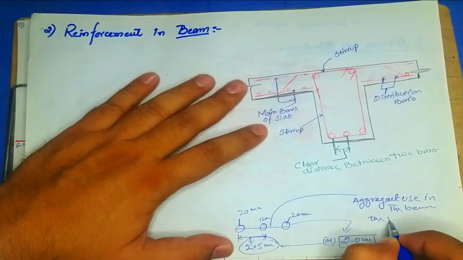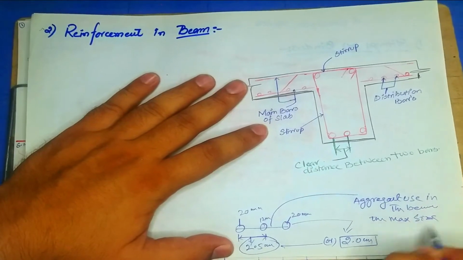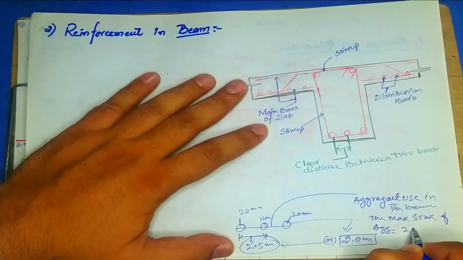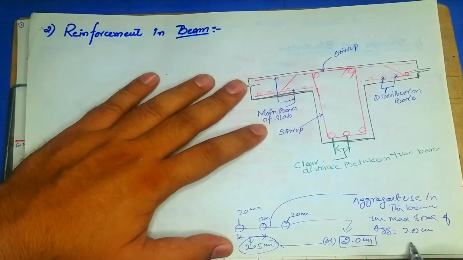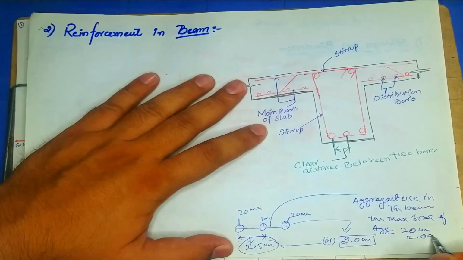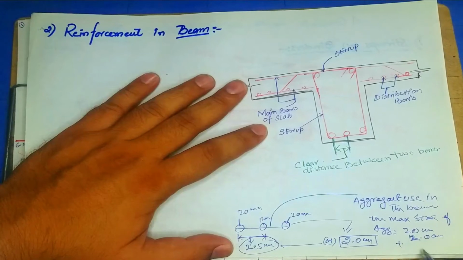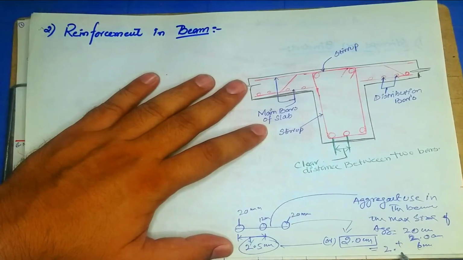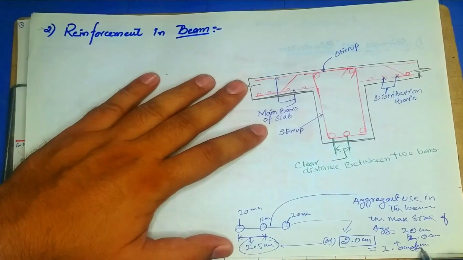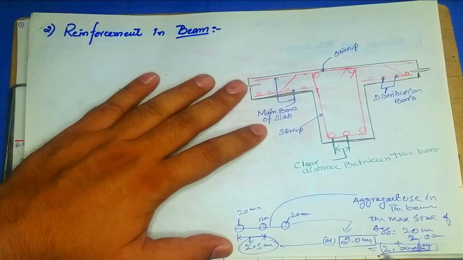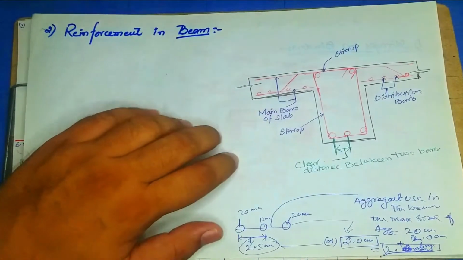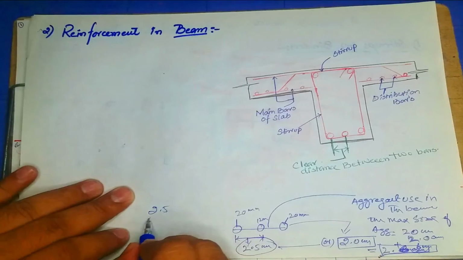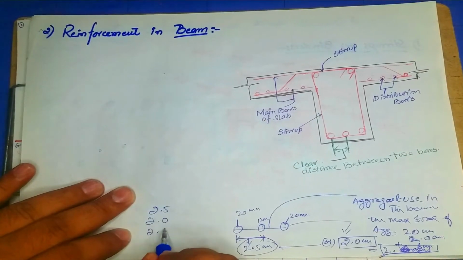Let's suppose the aggregate is 20 mm, which is 2.0 centimeter, and we add 6 mm, so this becomes 2.6 centimeter. So here 2.5 is the minimum, with 2.0 and 2.6 as the other values.